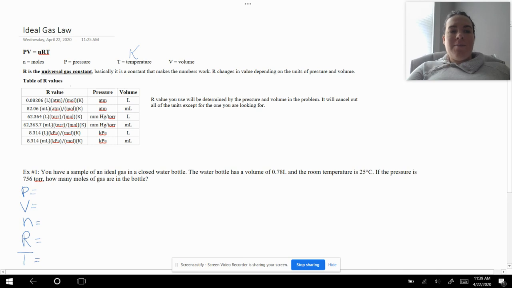So this looks like a big mess. R is designed to cancel out all the units except the one we're looking for. All these units are not something that you have to plug in. That's just the units of R. So when we pick our R value, we pick it based on which pressure and which volume we're given in the problem, and that will just make the numbers work.